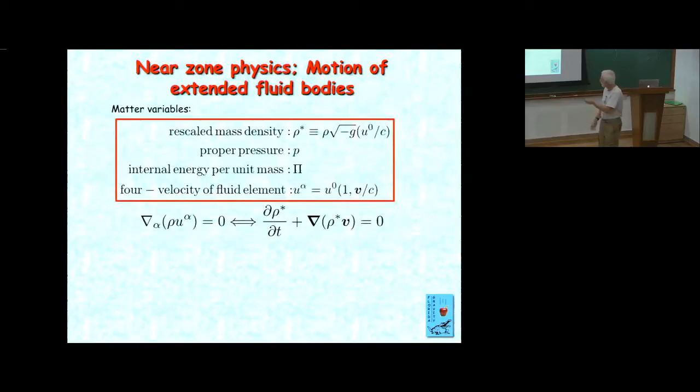In that same frame, you measure the pressure on your fluid, and you measure the internal energy density, but this is a variable that is often used in post-Newtonian physics. We talked about the energy density in your fluid, all the various forms of energy. Can you see this over there? No, so we talked about the energy density.